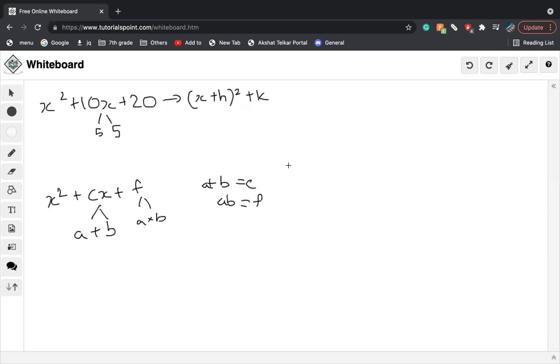So you can extend that equation out to x squared plus ax plus bx plus f, and this should result in (x plus a)(x plus b), something like that, right? So let's go back.